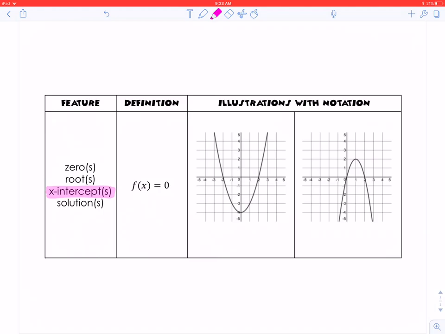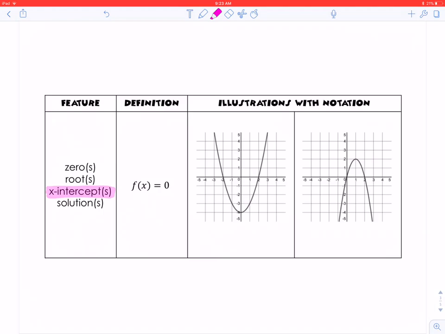We're accustomed to solutions. We solve equations. We haven't solved quadratic equations yet, but we are used to the word solutions for when we're solving an equation and we get an answer, x equals whatever, right? If we're talking x-intercepts, we know that's a point. We've got to list it as x, y ordered pairs. Same thing for roots.